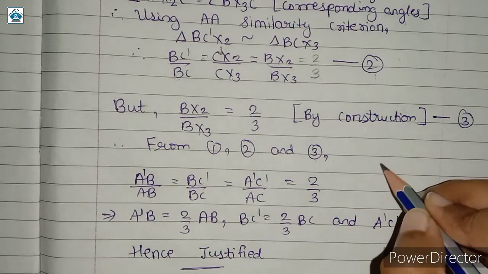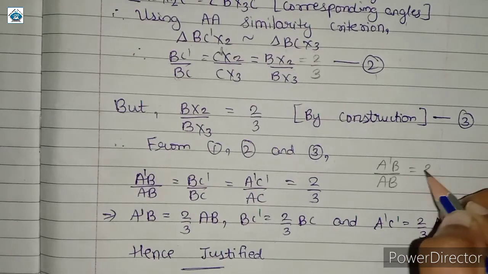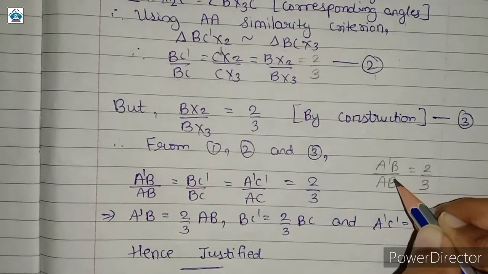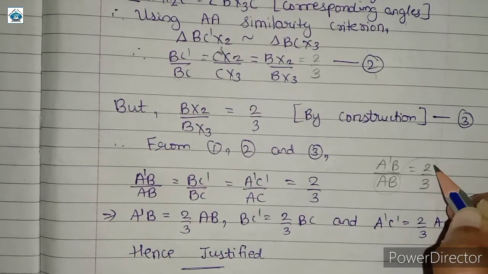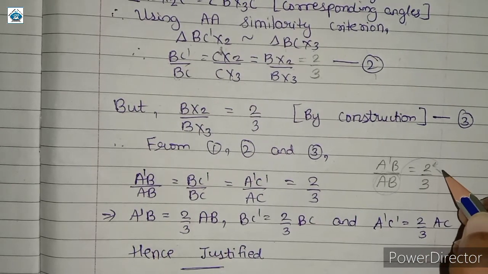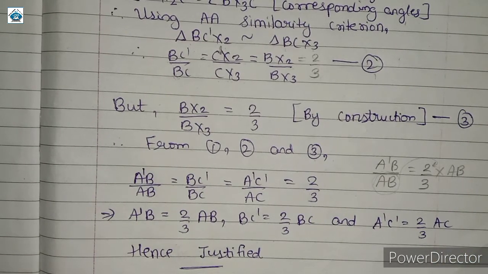Now say if I am telling A dash B upon AB is equal to 2 by 3. Here on the left hand side AB is in the denominator. We take it to the right hand side. This will be multiplied by AB. So that is what I have written over here. A dash B is equal to 2 by 3 of AB.